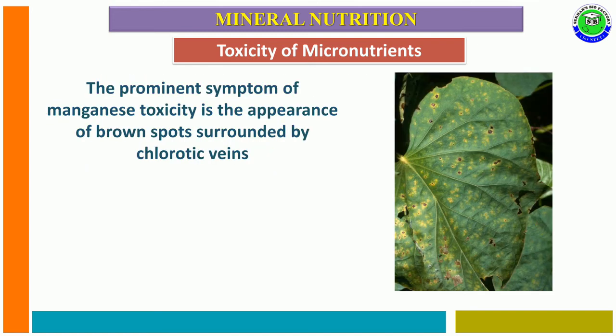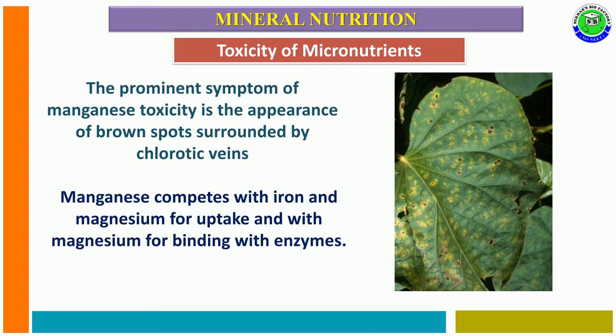The prominent symptom of manganese toxicity first appears in the form of brown spots around the chlorotic vein. Along with this, manganese competes with iron and magnesium for uptake and with magnesium for binding with enzymes.